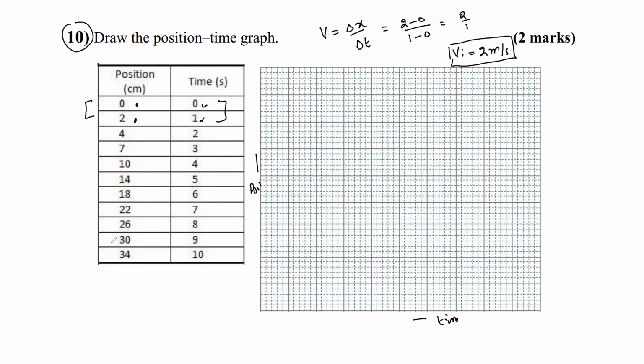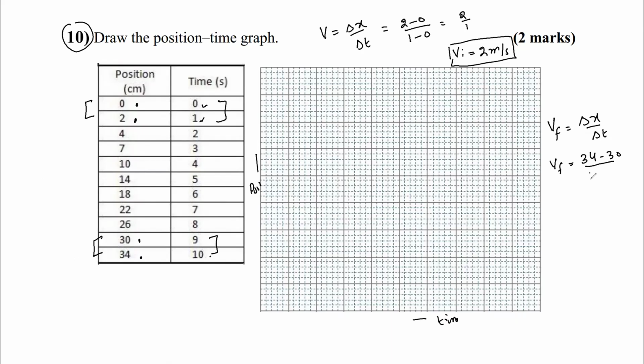If I ask you to find the final velocity, you can take these two components. For final velocity, the equation is the same. F is the final. So Vf is change in distance divided by change in time. The position is 34 and the initial distance is 30, so we take 34 minus 30, divided by the time, 10 minus 9.